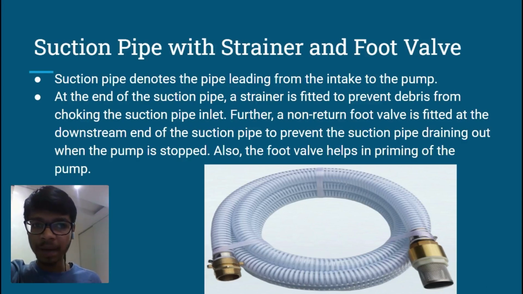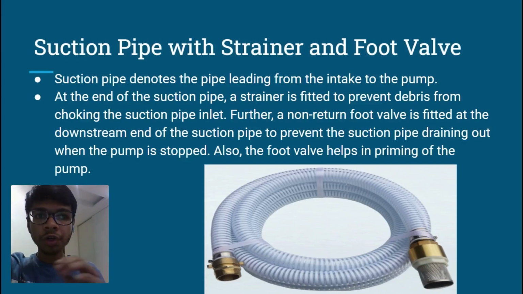At the end of the suction pipe, a strainer is fitted to prevent debris from choking the suction pipe inlet. Further, a non-return foot valve is fitted at the downstream end of the suction pipe to prevent the suction pipe draining out when the pump is stopped. Also, the foot valve helps in priming of the pump.